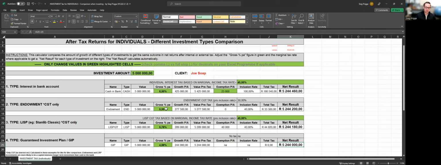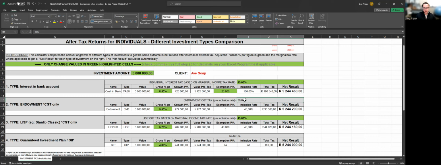Why does an endowment only need 5.55%? In this case, endowments are taxed at a lower tax rate than 45%. So they are taxed at an effective 30%, but not the full amount gets taxed at 30%. So you end up with a low percentage point, which is about 12%.